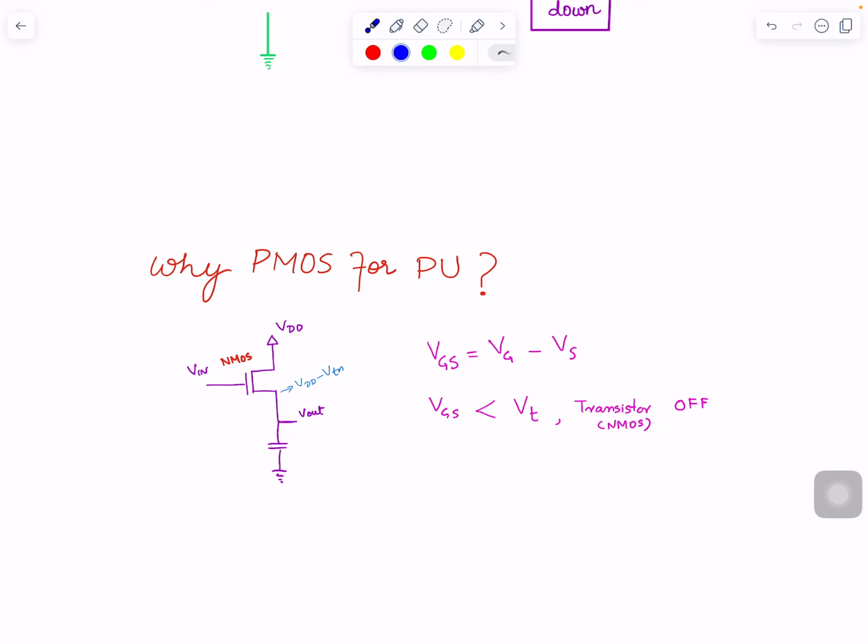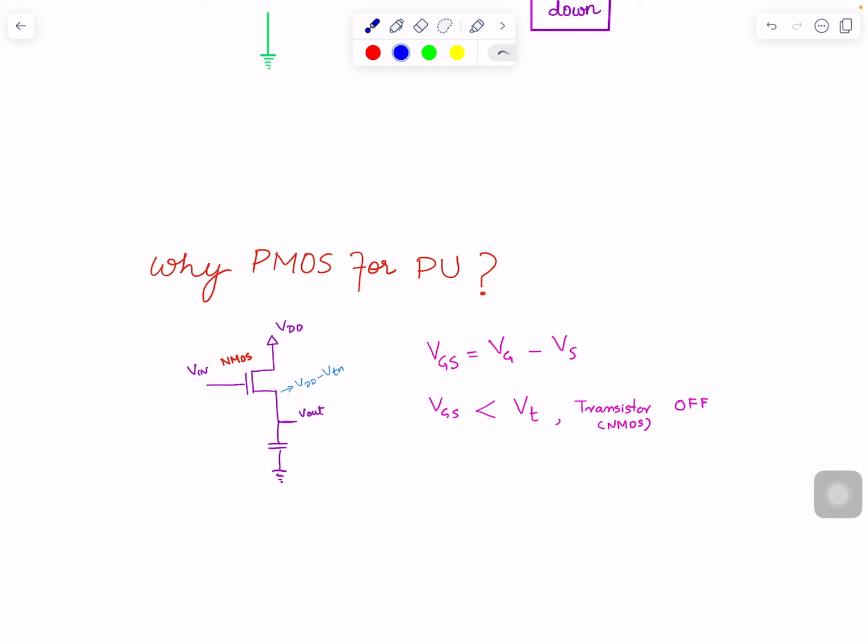So it will never go to VDD. If you can live with it, okay, but it's not a strong VDD. PMOS, when they conduct, of course there is some drop, but I'm just assuming there is no drop. Then they provide a full VDD.